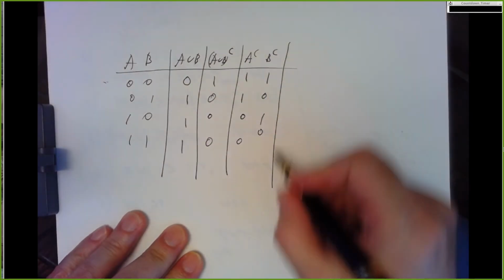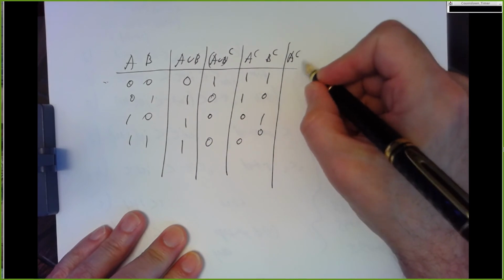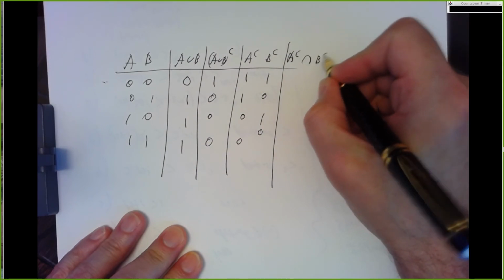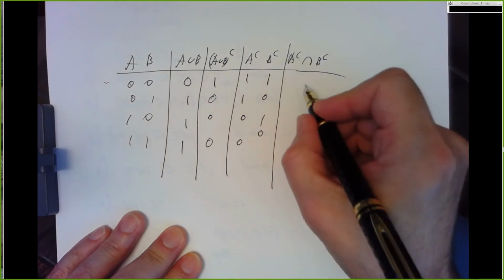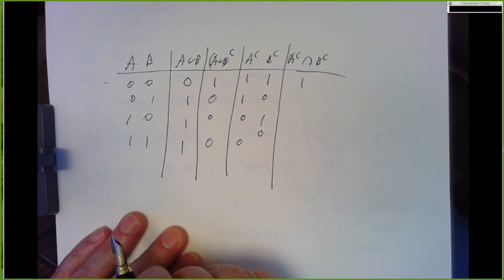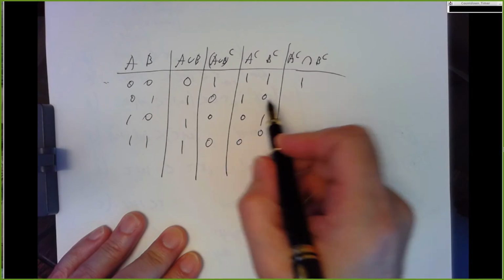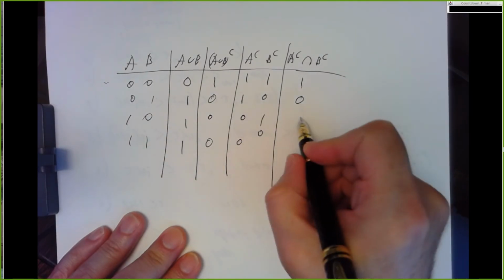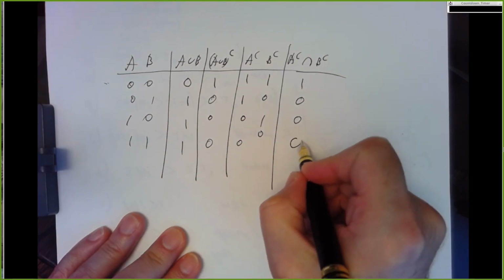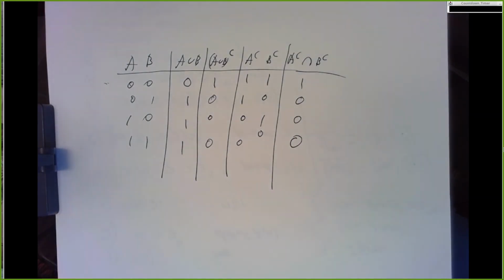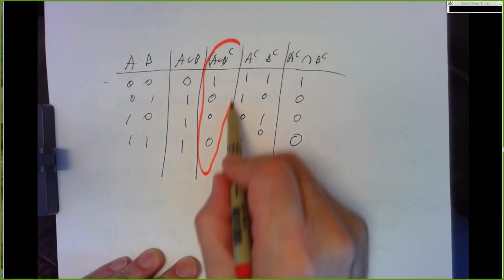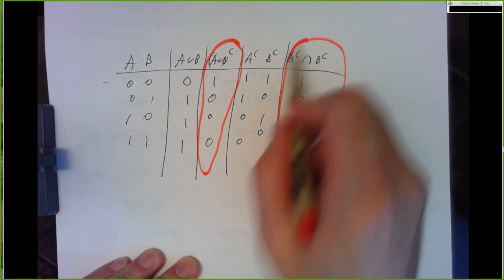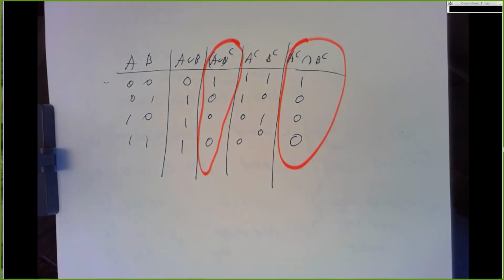And now if we intersect, here it belongs to both A complement and B complement, so it's in the intersection. Here it doesn't belong to B complement, here it doesn't belong to A complement, and here it's in neither of those, so it's not in the intersection. And now we make the observation that this and this are exactly the same in all cases.